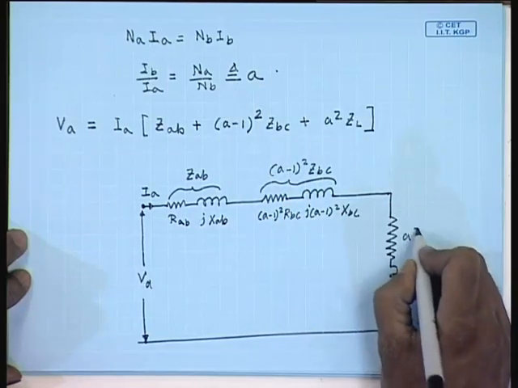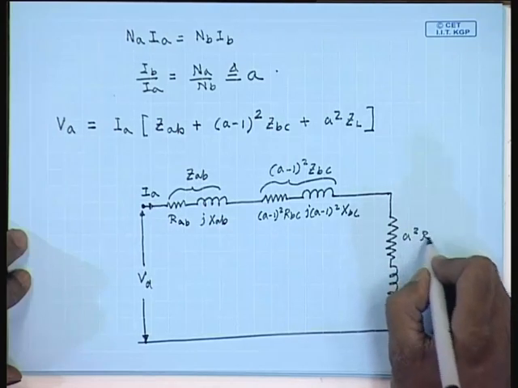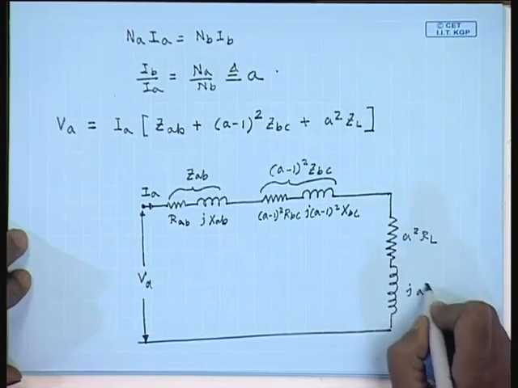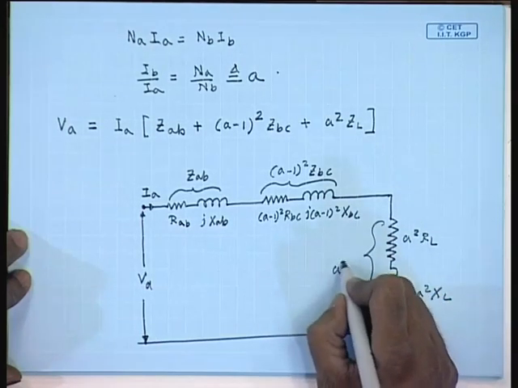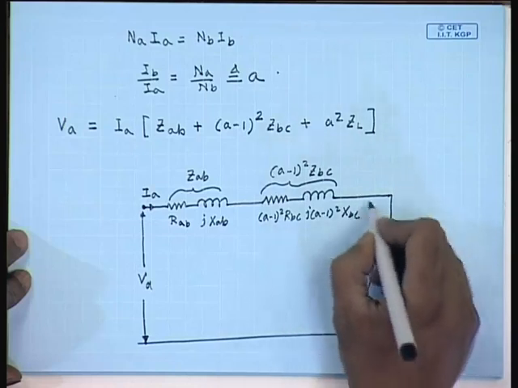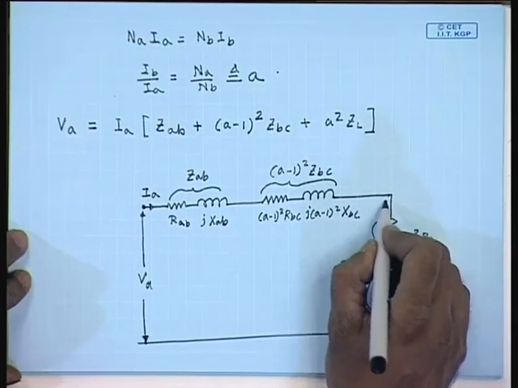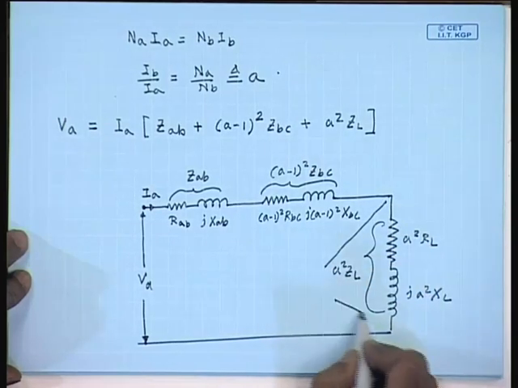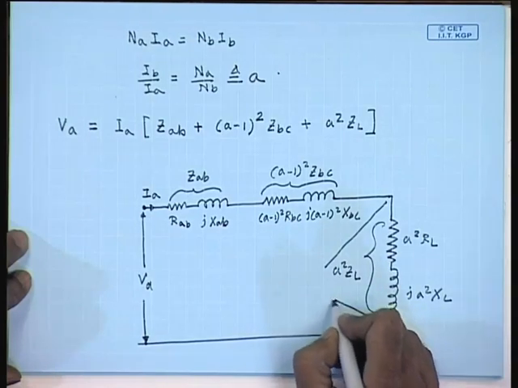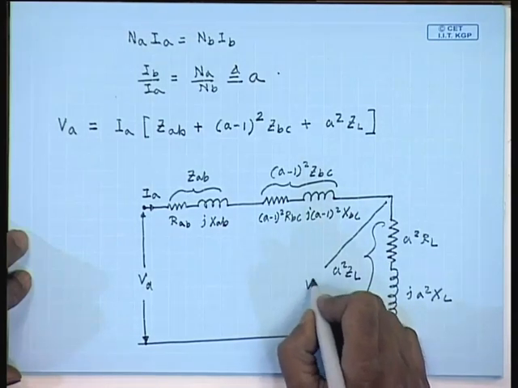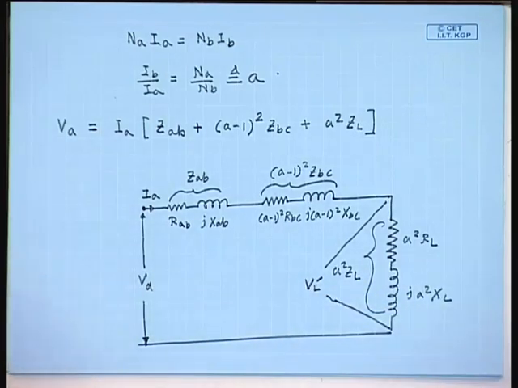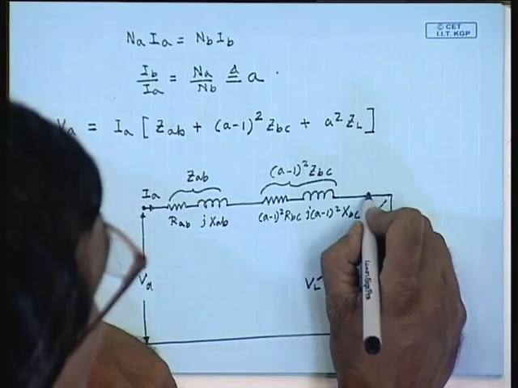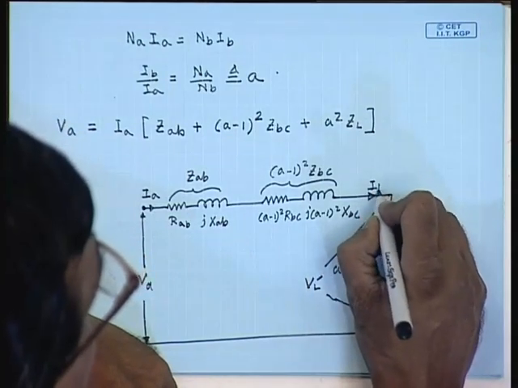This is A square R_L, this is jA square X_L, hence this quantity is A square Z_L. This is the referred load voltage V_L dash, and this is the referred load current I_B dash.